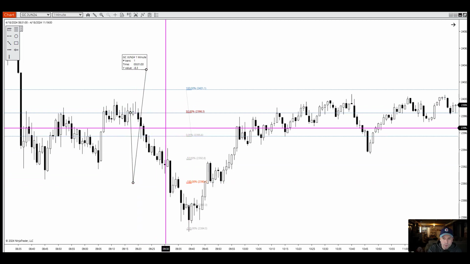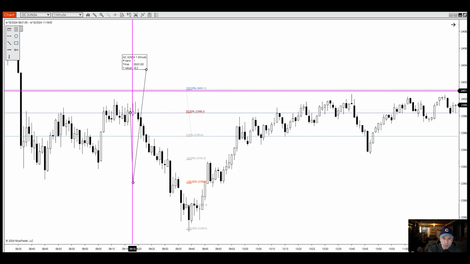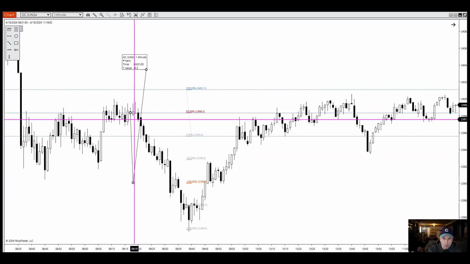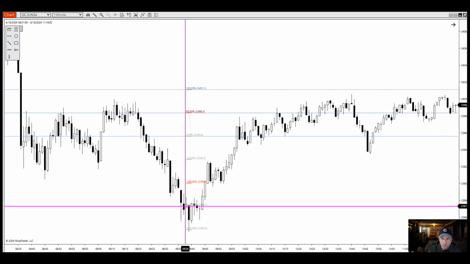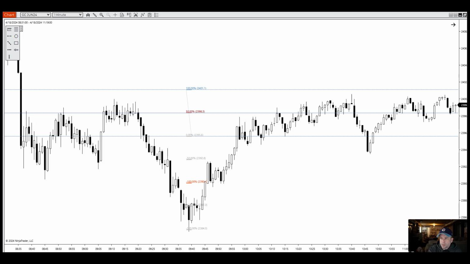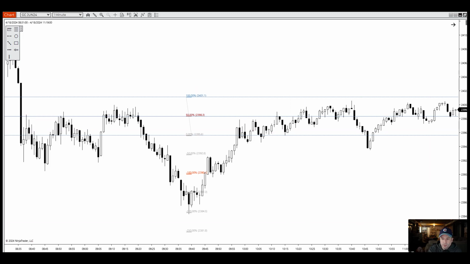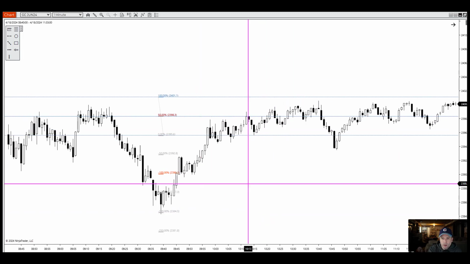You're targeting 100%, you're risking 50%. So you're risking that much to make that much. You're risking 1 to make 2. That one would have worked. My risk tolerance isn't such that it allows for that, so that's not how I trade it.